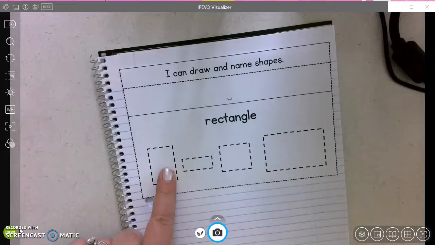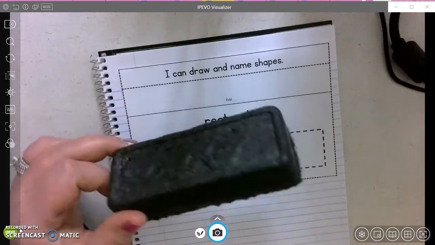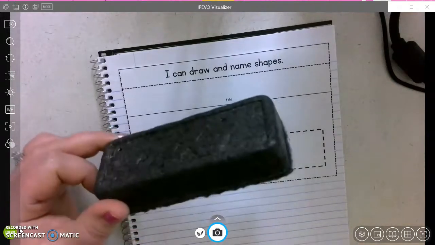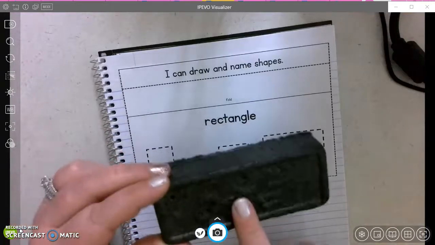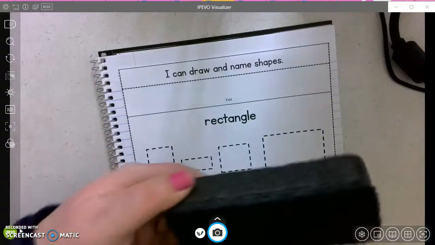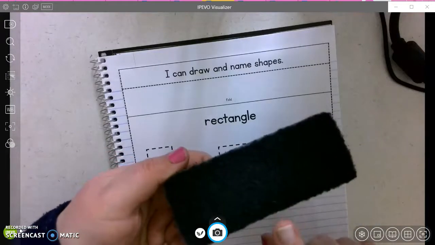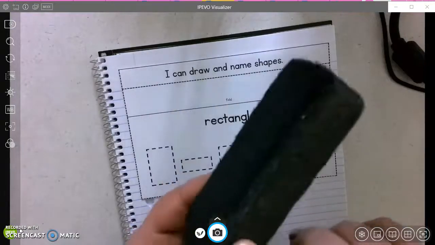But if I look at my dry erase eraser, it's a rectangle, but it's a three-dimensional shape. This side is a face, this is a face, this is a face, this side, I'm trying not to flip it.